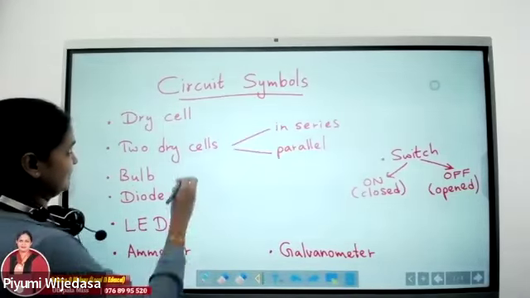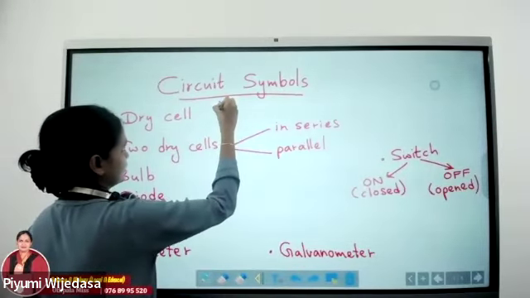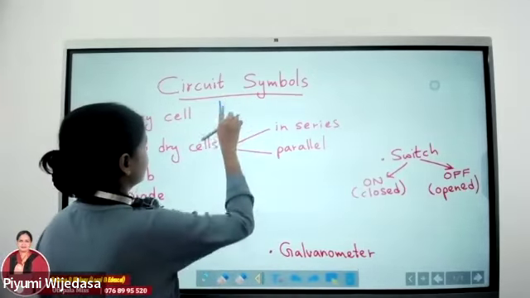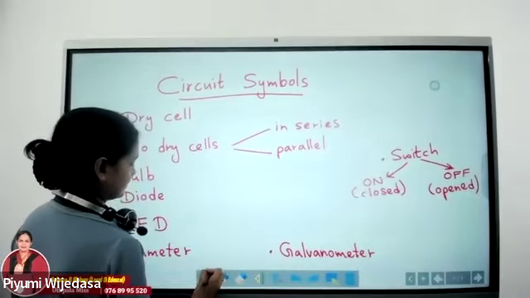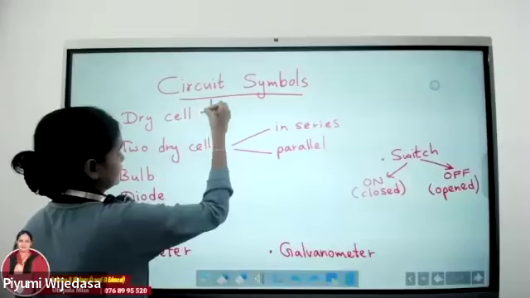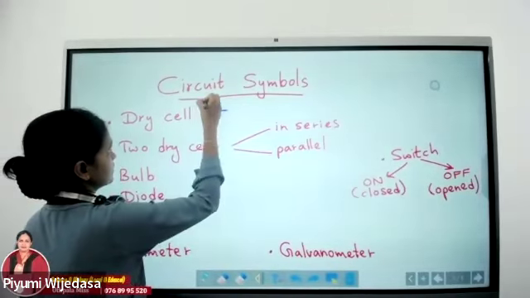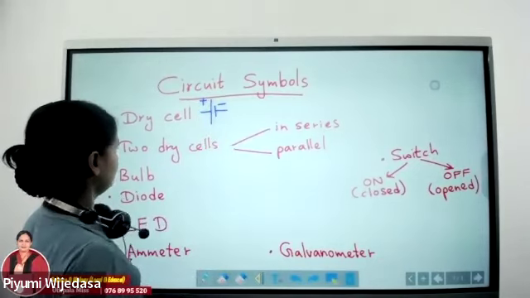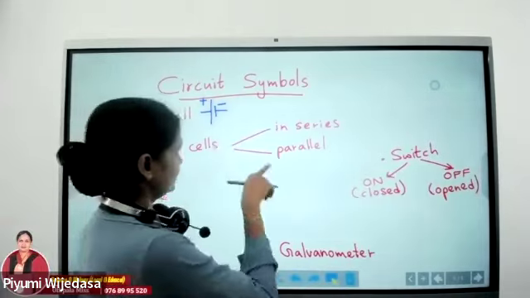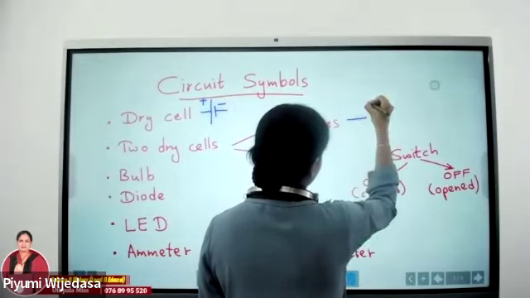Yes, dry cell. So you have to draw the symbol like this. One long straight line, short straight line. Or else you can just draw like this. You know the long terminal is the positive terminal and the short one is the negative terminal. When two dry cells are connected in series, you have to connect them like this.